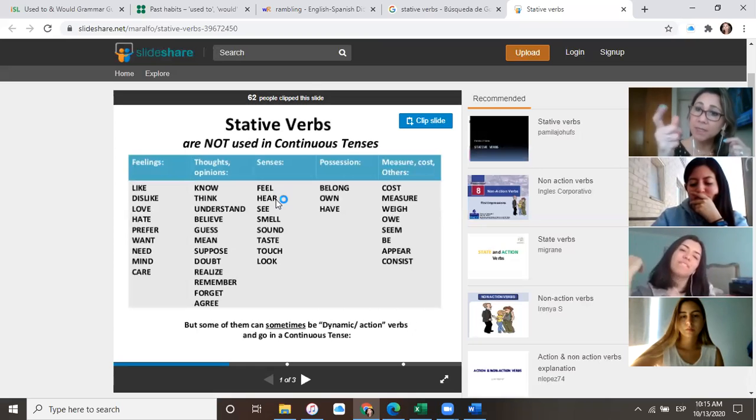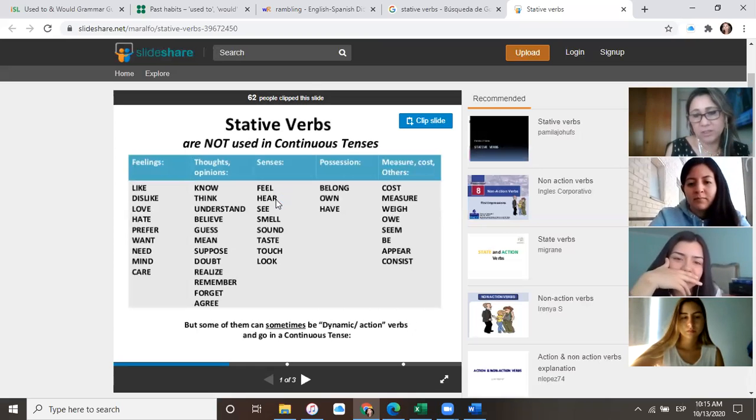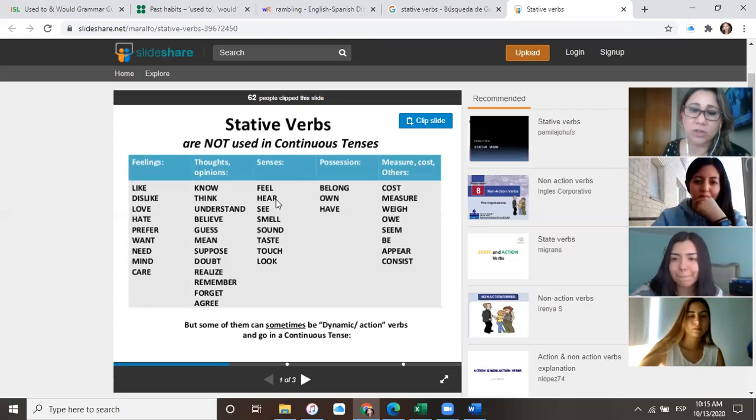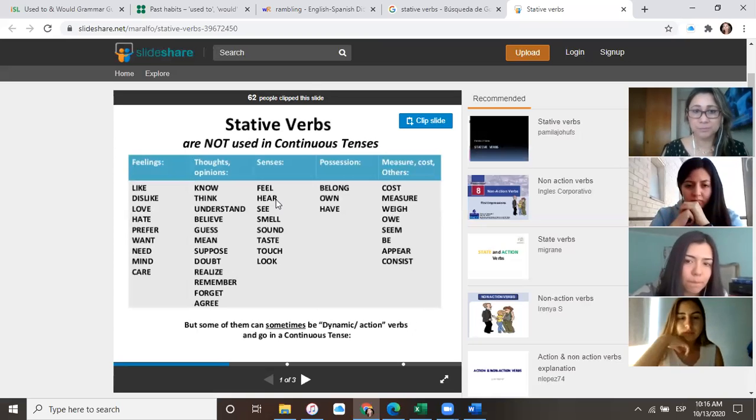Possessions: belong, own, and have. And finally you have cost, measure. You can repeat after me if you don't know the pronunciation, okay? Measure, weigh. Do you know that verb?